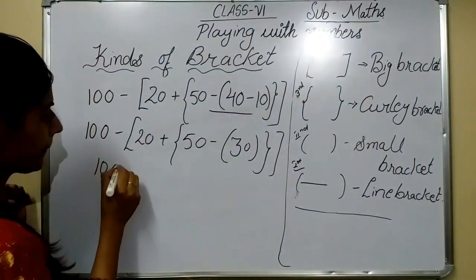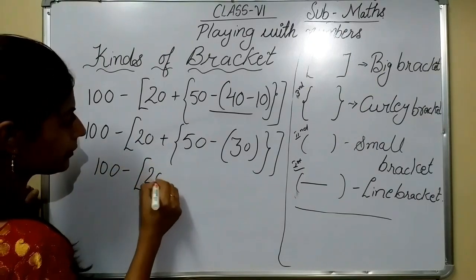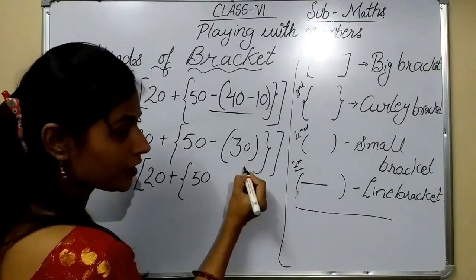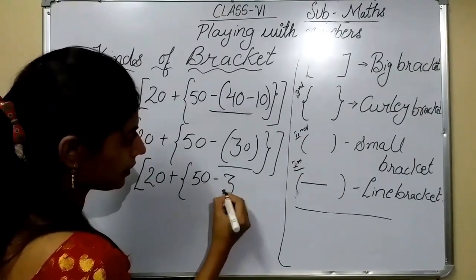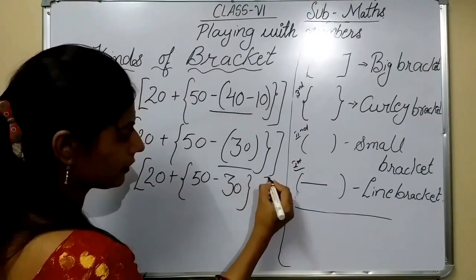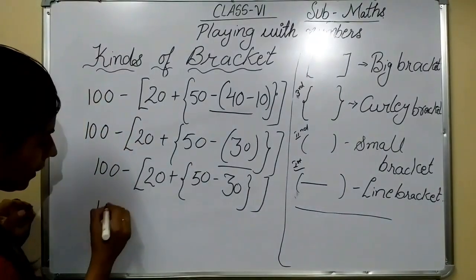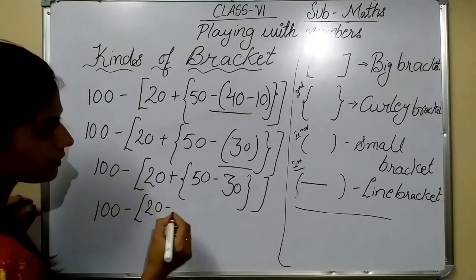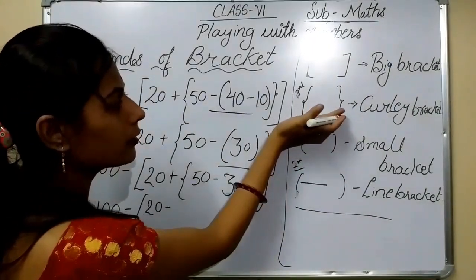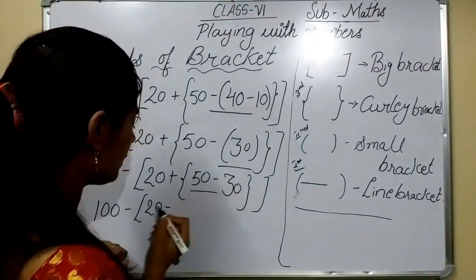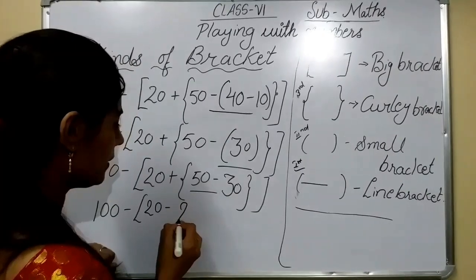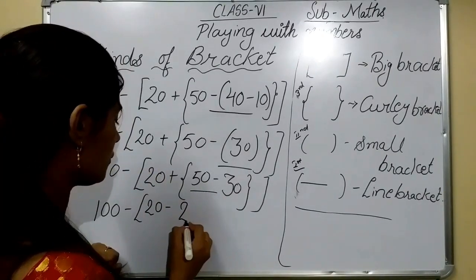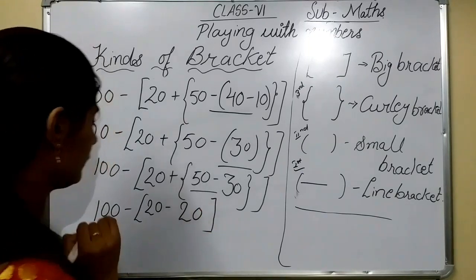Then 100 minus 20 plus 50. Now open this small bracket, minus 30, then curly bracket, then big bracket. 100 minus 20 plus, now you have to solve the curly bracket, 50 minus 30, that is 20. Now big bracket.